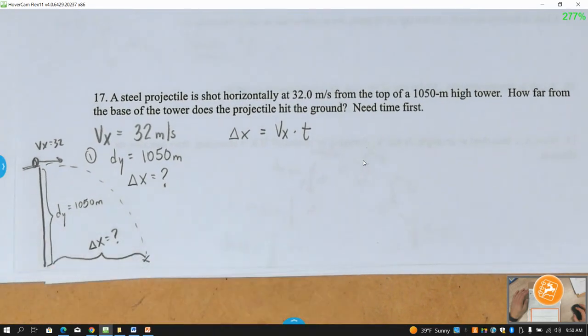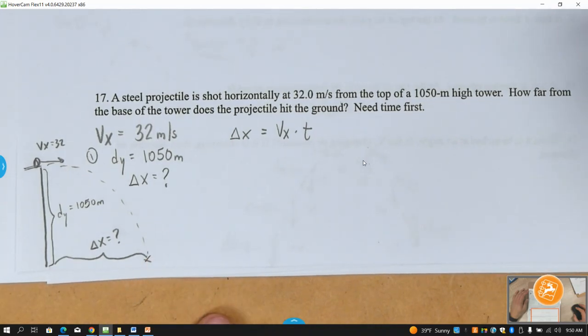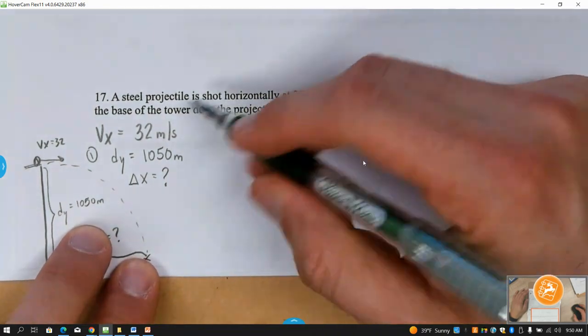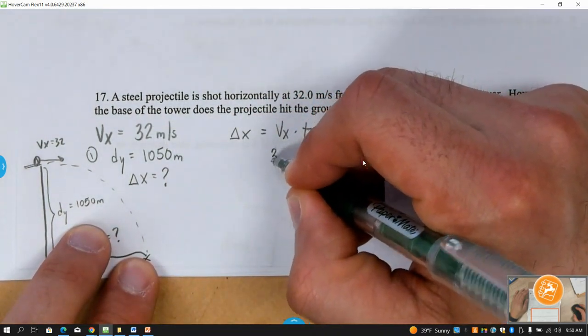Cool. Guys, let me know. Do we have Vx? Yeah. We do. What is it? 32. So I'm going to put 32 directly underneath Vx.